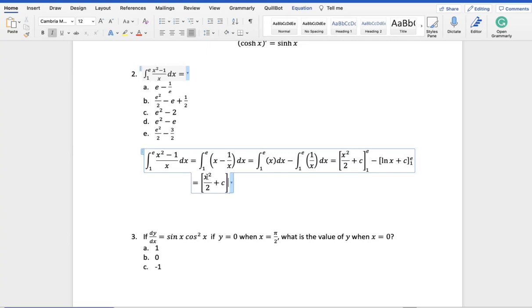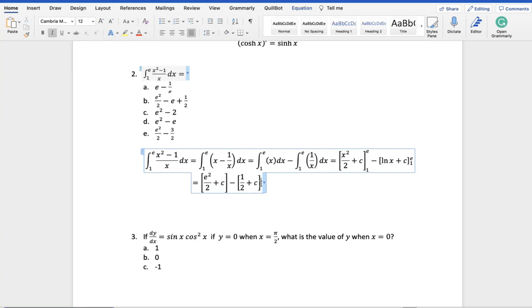x, right? The higher value first, which is e squared over 2 plus c, minus the lower value substituted in, which is just 1. So it's 1 squared, which is just 1 over 2 plus c.